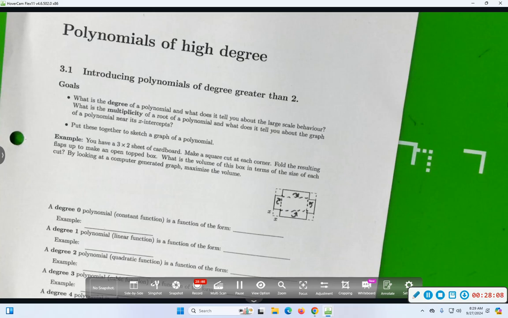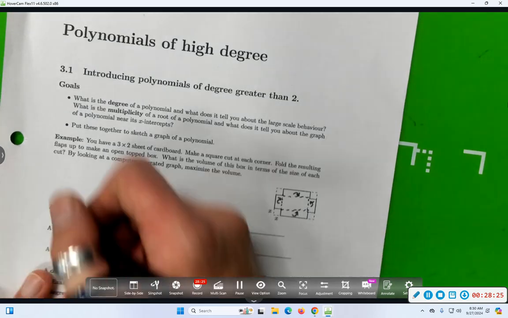Well, let's try to figure out the volume of that box. What's the formula for the volume of a box? Dimension times dimension times dimension, and what you call them is what you call them. Length times width times height.